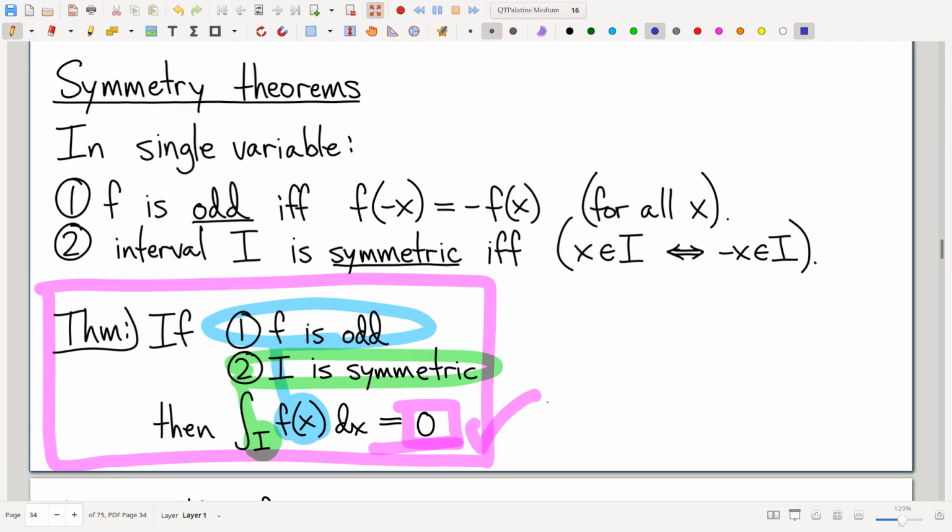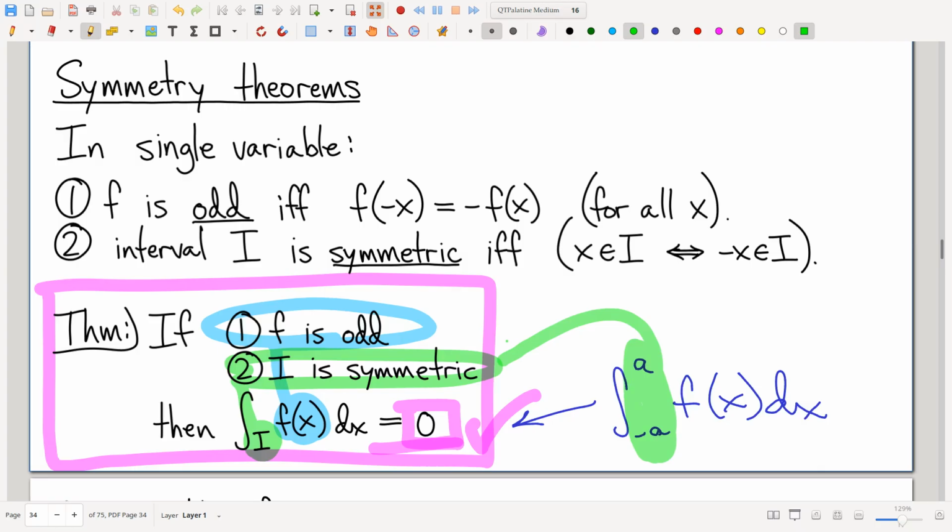You probably saw the integral written as the integral from negative a to a of f of x dx. And that's what I mean by a symmetric domain. Let me explain what I mean by symmetric domain. I want to highlight that negative a to a is a symmetric domain.